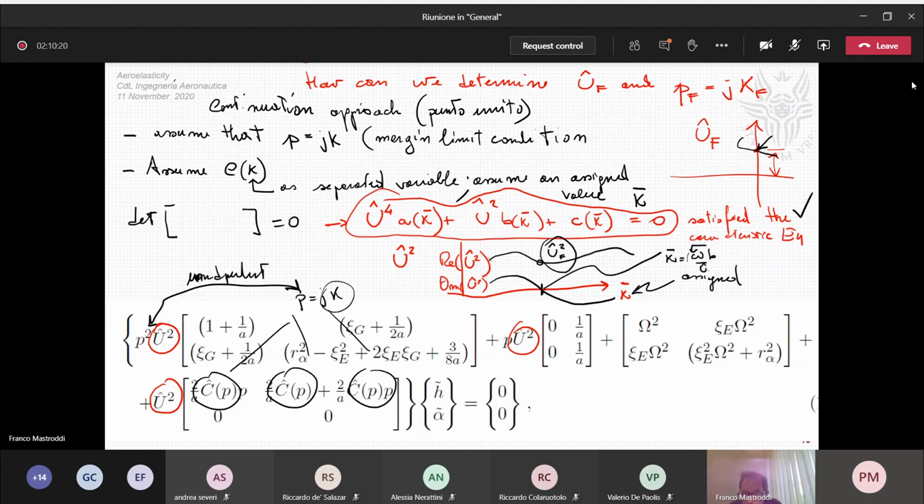Okay, and this is a continuation approach for solving the so-called flutter equation. We have the problem of the complexity of our characteristic equation, but we solve this characteristic equation in such a way. And this is very, very similar to what happens in the commercial codes for evaluating the flutter.